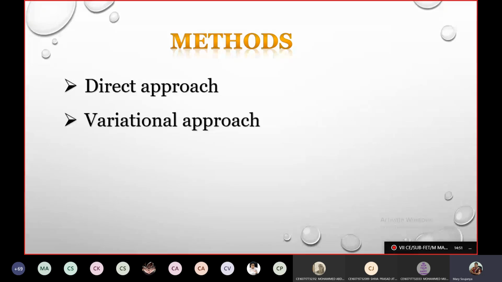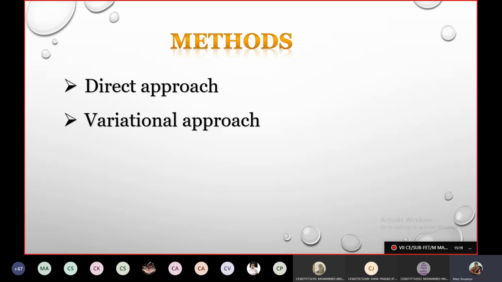And the next one we have is the variational approach. That is the first topic in our syllabus. Variational approach is completely your calculus. You have to have a good knowledge of numerical methods, differentiation, integration, all these things to use this methodology.